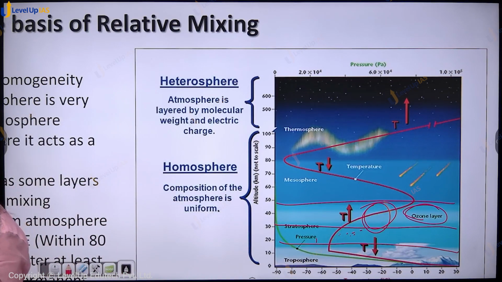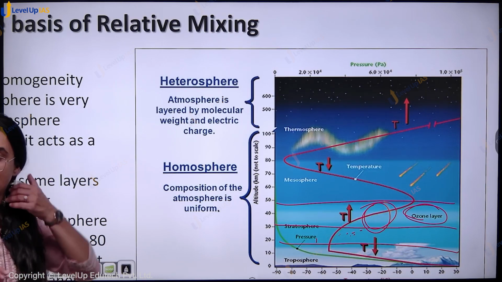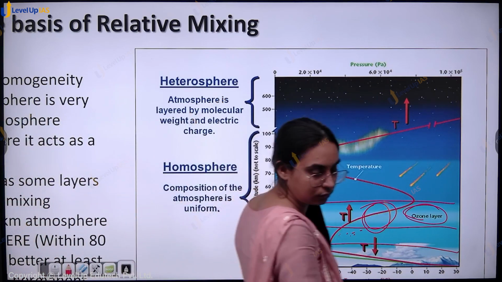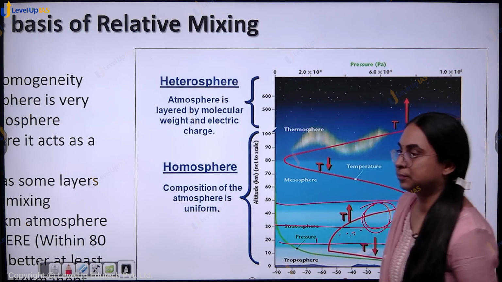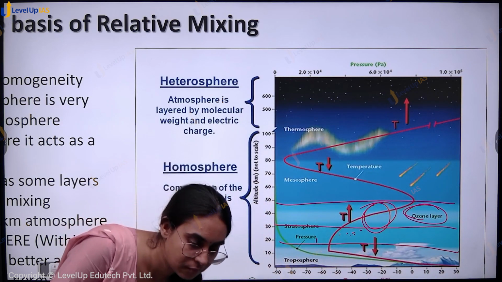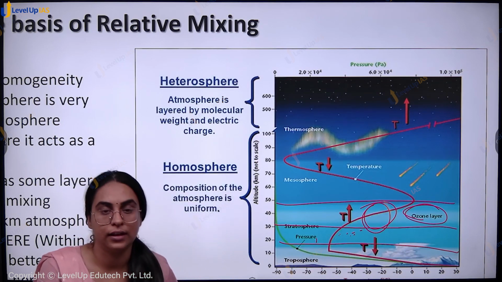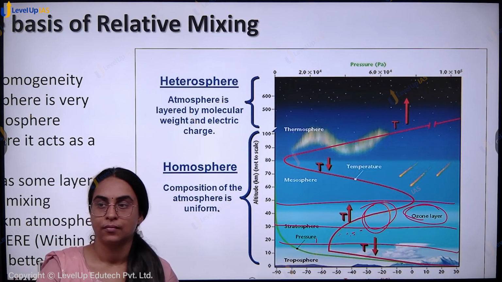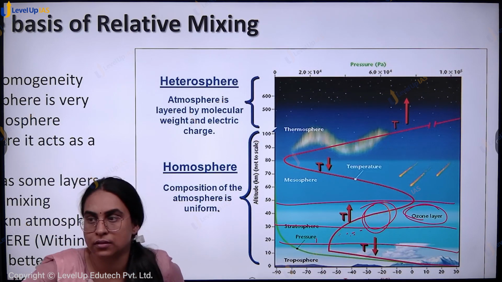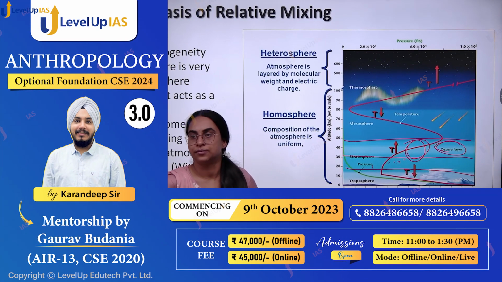First point, atmosphere that surrounds the earth's surface is heated in two ways. First, absorption of UV rays.